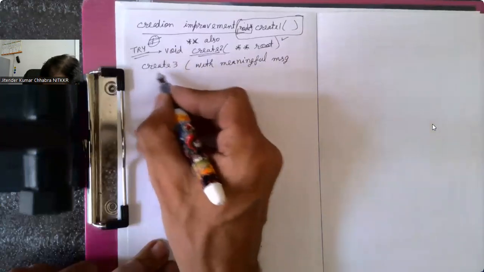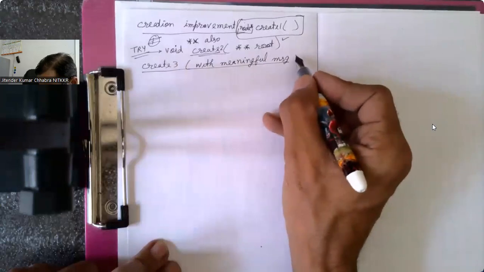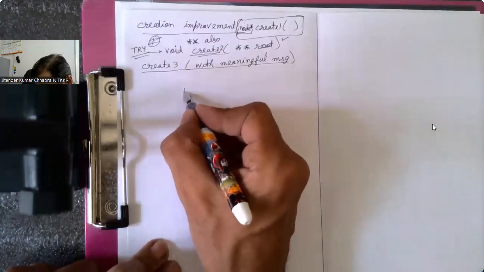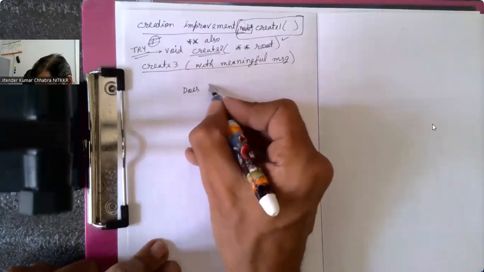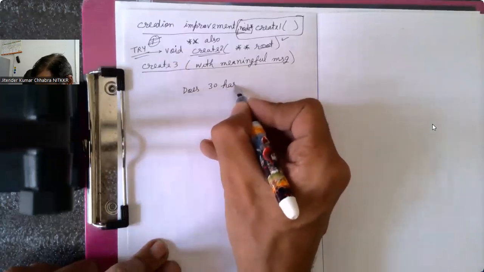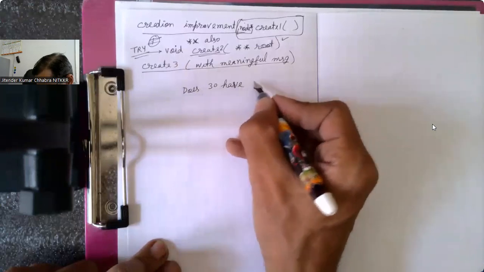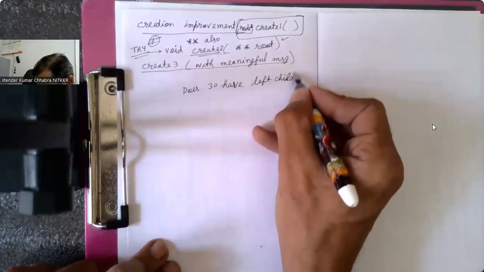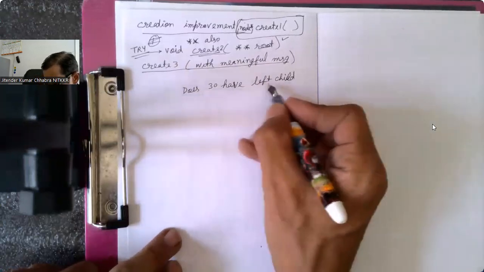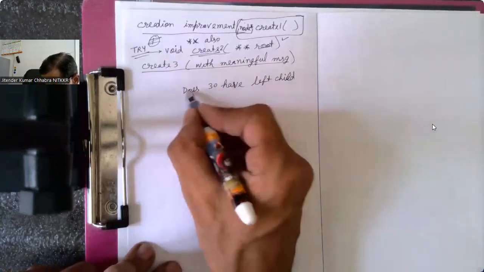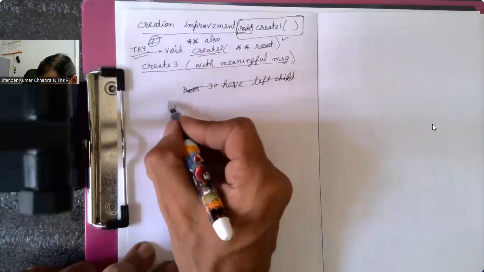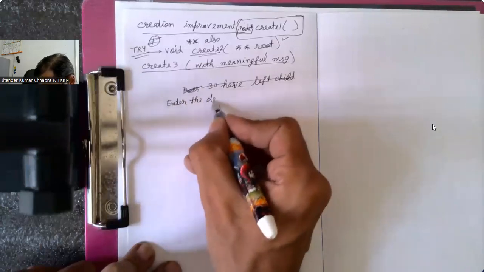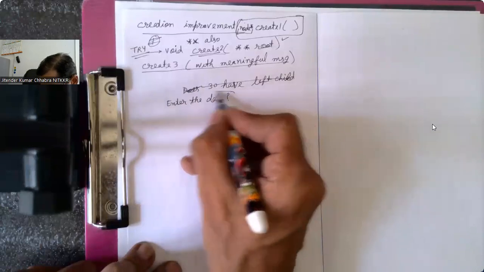Yes, good students should try this. Whenever a message comes, I should get a message, like, does 30 have a left child? Earlier the message was enter the data, but enter the data never told which data I'm talking about.